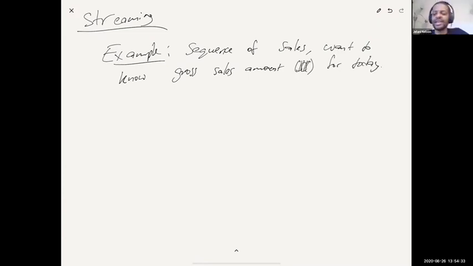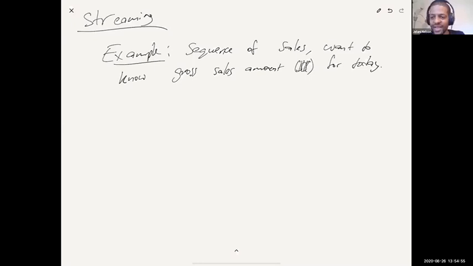So my data set is basically this database of a bunch of transactions, a bunch of sales that happened today. Maybe there are a million sales today. I only want to query this one thing, which is what was the gross money that I brought in from my sales. This has a very trivial solution, which is just keep a counter. It starts at 0. Every time there's a sale, I add in the amount.